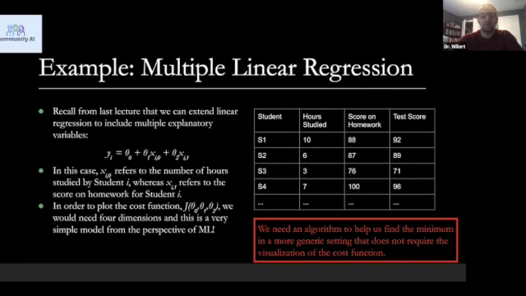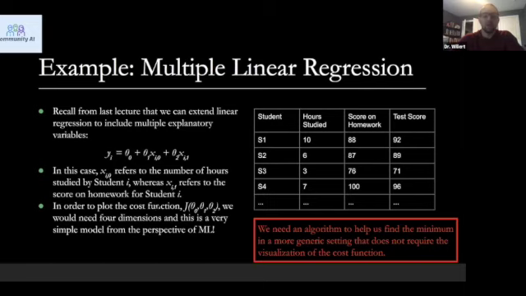So for example, x sub 1, 1 would be the score that student 1 got on their homework, which would be 88. x sub 4, 1 would be 100 because student 4 got 100 on their homework. And we're trying to predict their test score.